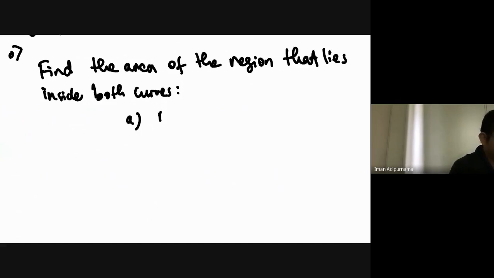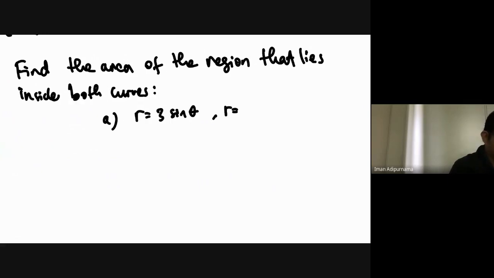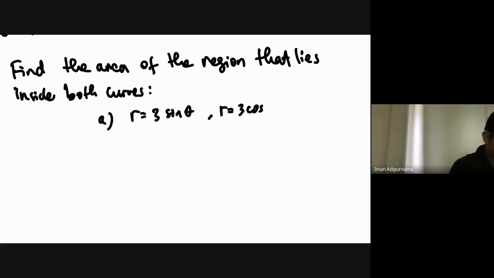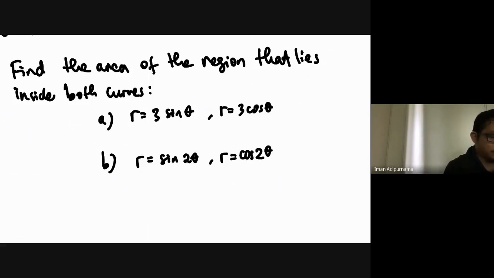Number A, maybe the simple one: r equals 3 sine theta and r equals 3 cosine theta. And then number B: r equals sine 2 theta and r equals cos 2 theta.